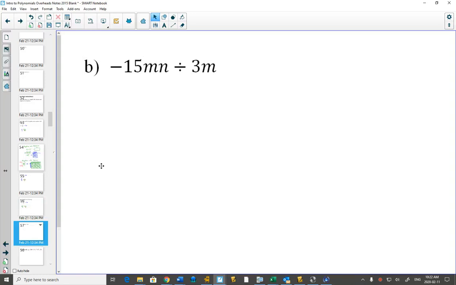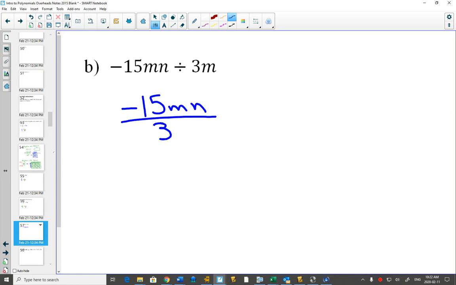So now dividing can be written in different ways. We've seen it written as the fraction. We can have it also written with a dividing sign. So this is the same as this. Again, I'll let you get a head start on this one.